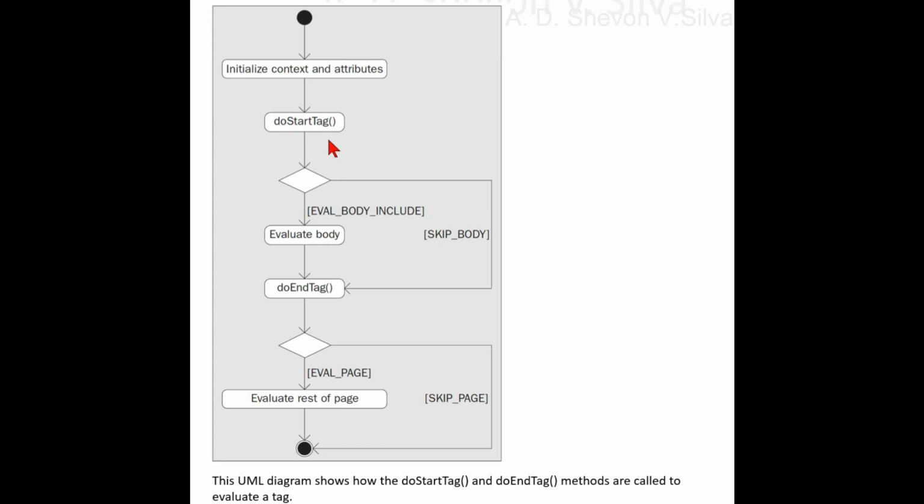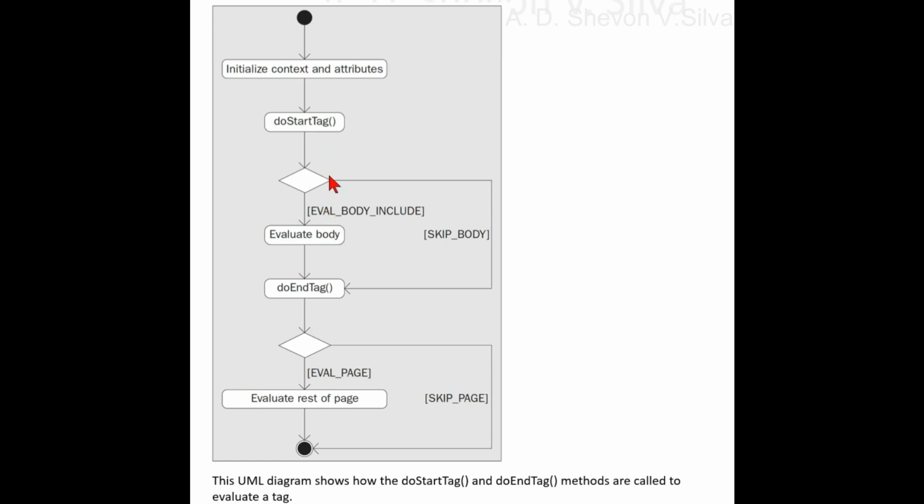Two values can be returned from the Tag implementation interface: SKIP_BODY and EVAL_BODY_INCLUDE, which are defined as constants within the Tag interface.